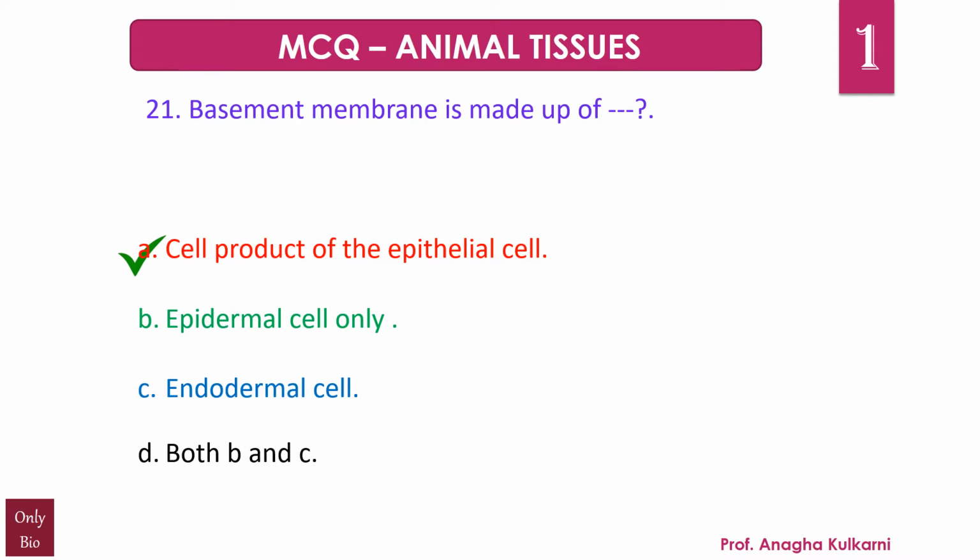Friends, basement membrane, which is also at times called the basal lamina, is a thin sheet of fibrous proteins that underlies and supports the cells of an epithelium and separates this from the underlying tissue. Basement membranes are components of the extracellular matrix, which is a viscous watery fluid that surrounds the cells in an animal tissue.